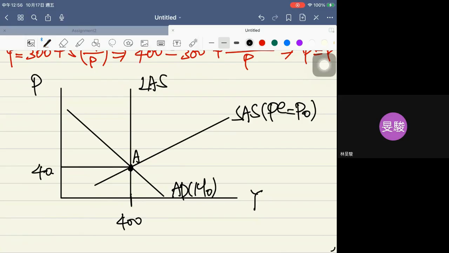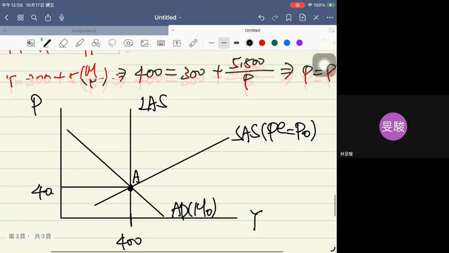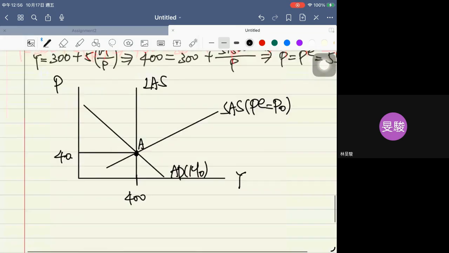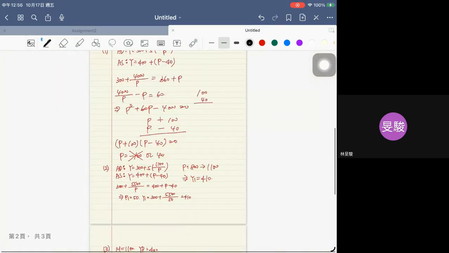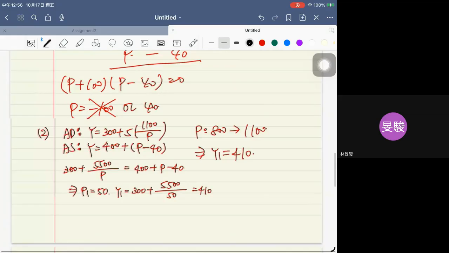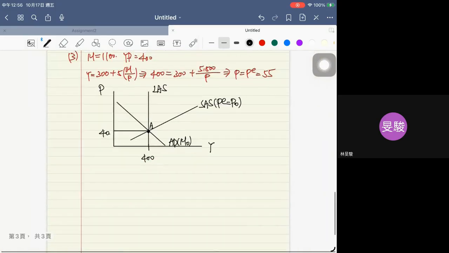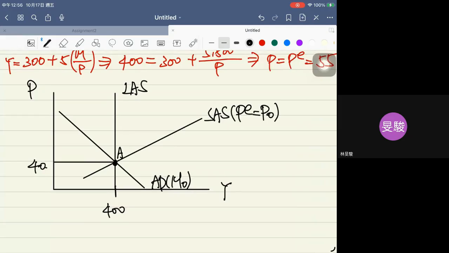It's 40. And in question 2, the money supply change means the AD changes. It shifts to the right, and we get this.